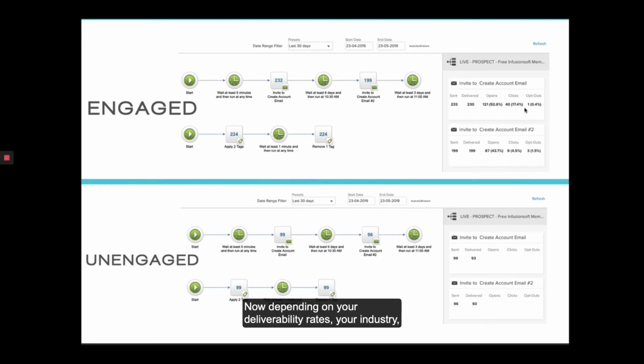Depending on your deliverability rates, your industry, how frequently you're sending, this may be good or bad for you. It's relative to how the sends are going in your list. But for us, this is a really good send, and I'm very happy with this.